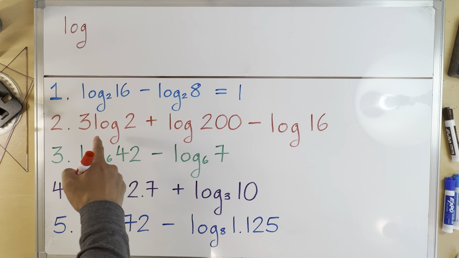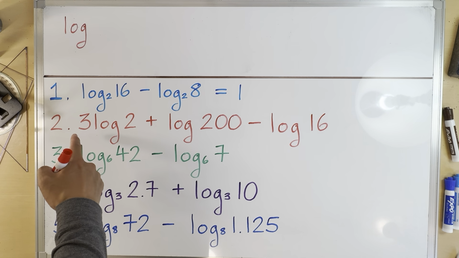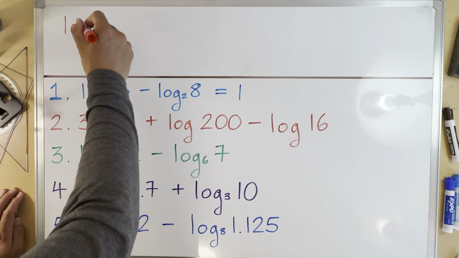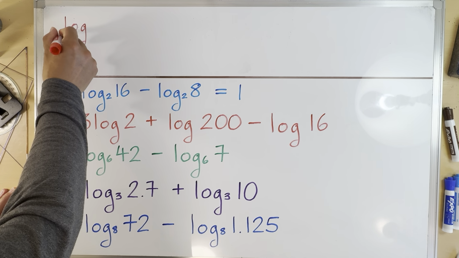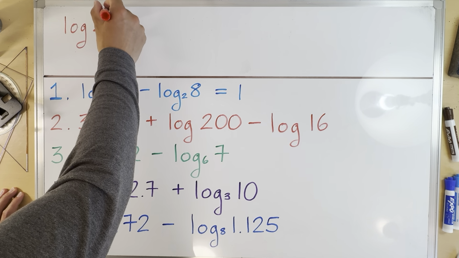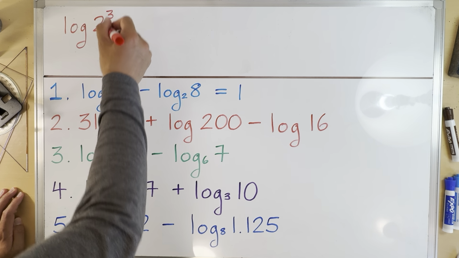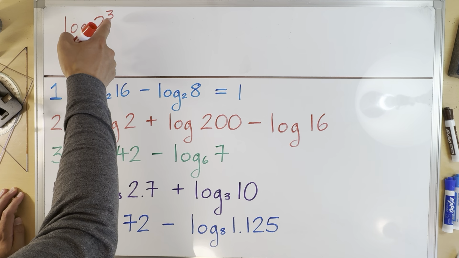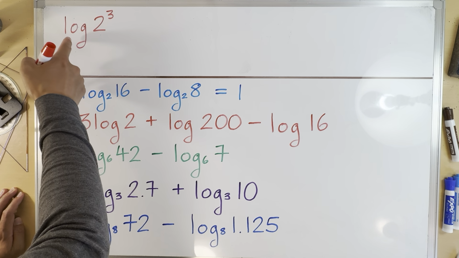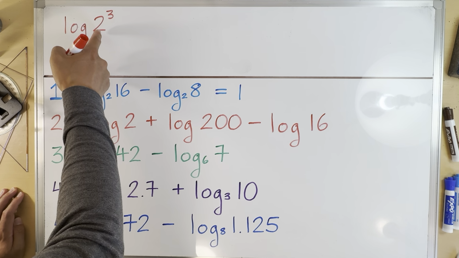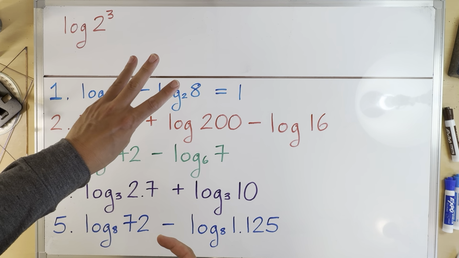So this logarithmic expression right here would be equivalent to the log base 10 of 2 raised to the power of 3. And the log base 10 of 2 raised to the power of 3 is equal to the log base 10 of 8, because 2 raised to the power of 3 gives us 8.